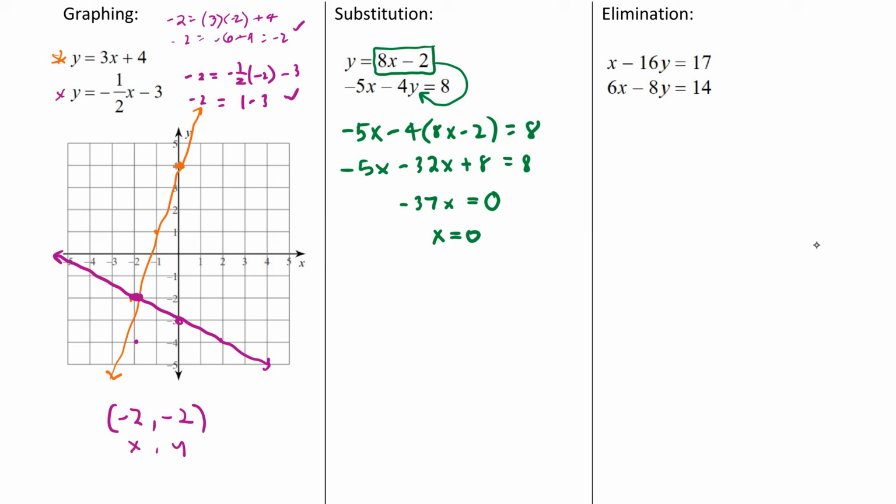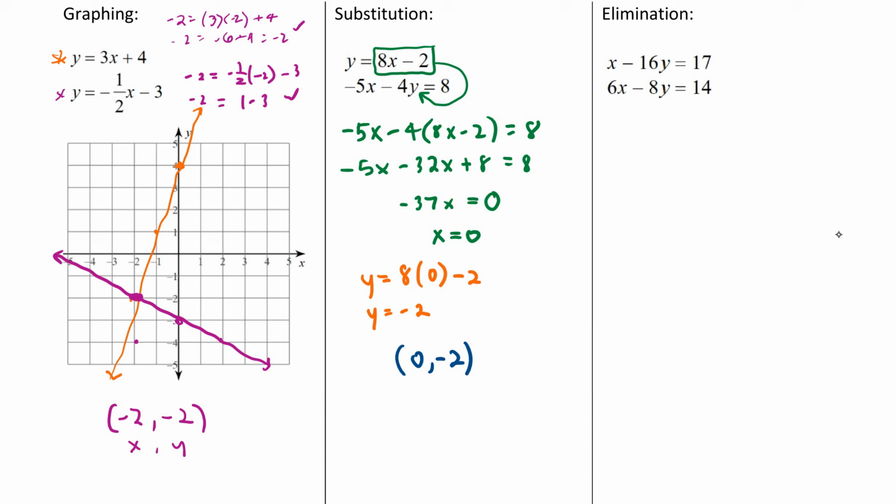And then I can substitute it in again to one of the equations. And it doesn't matter which one. I'm going to choose the top one since I'm trying to find y and it's already set up for that. So I plug in 0 for x, and I'll end up getting y equals negative 2. Then I will rewrite it as a coordinate pair. So 0, negative 2 is the solution.